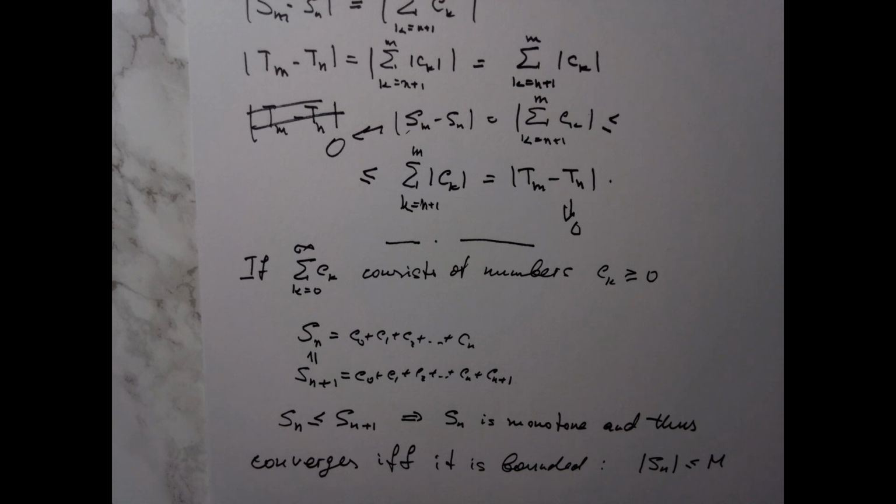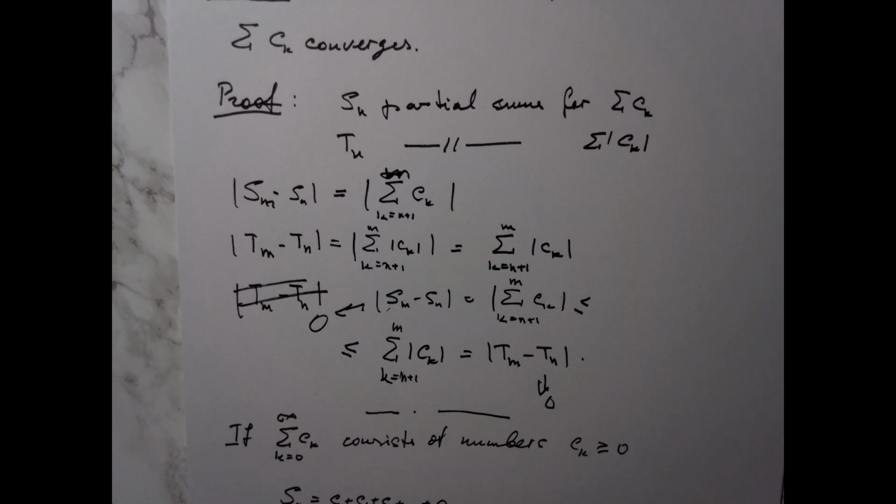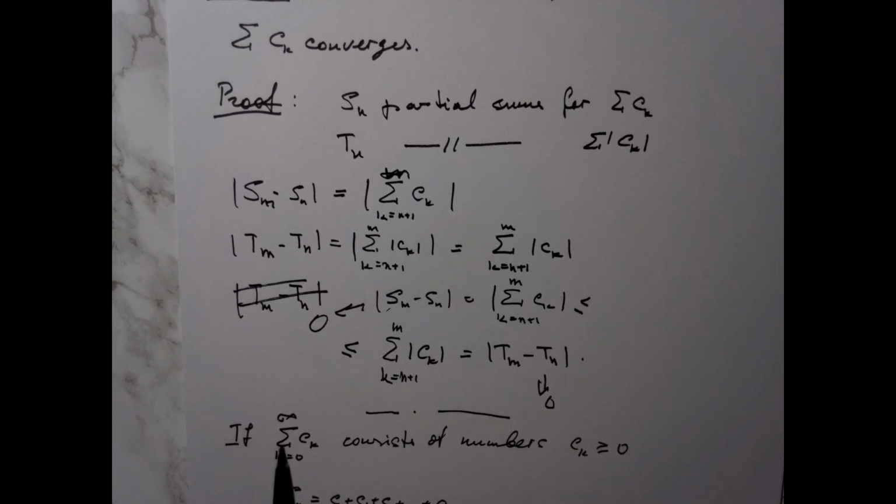Now, at least one way of dealing with the sequence of partial sums consists of using the previous theorem. I take the series with arbitrary terms, and then I put absolute value over the terms. So if this series converges, then this series converges, but the point is that this is a series with partial sums being increasing.